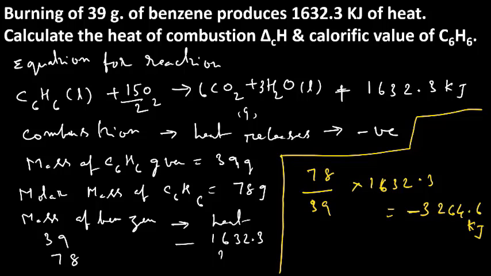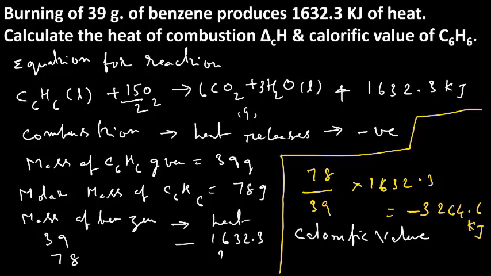Now we can find the calorific value also. How do we calculate calorific value? It is the amount of heat liberated by burning 1 gram of the substance. So 78 grams release 3264.6 kilojoules.